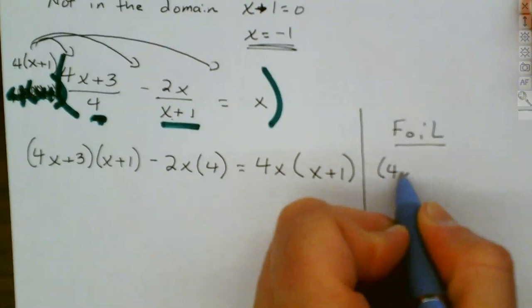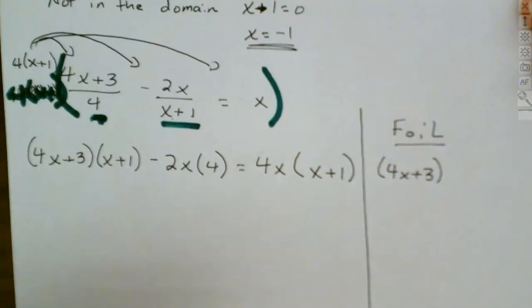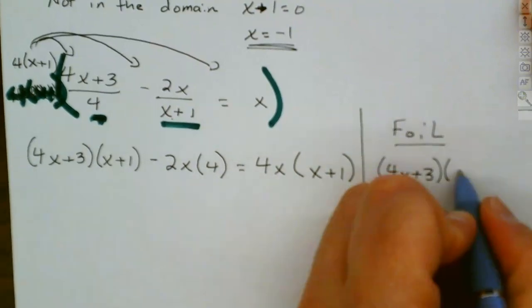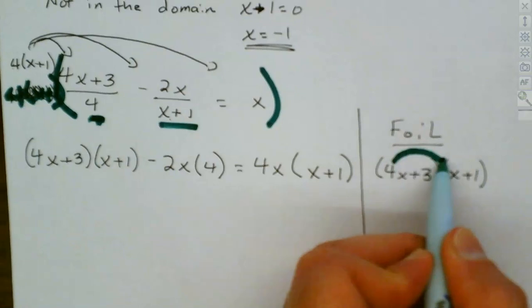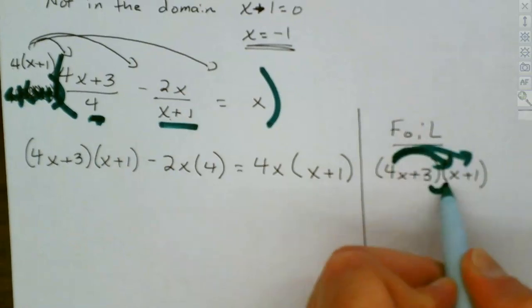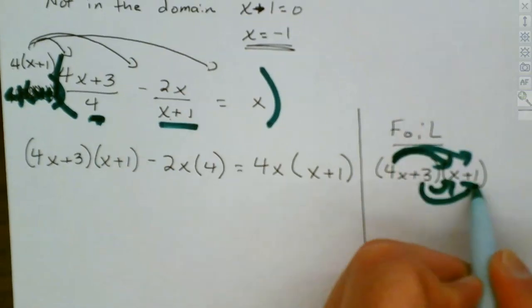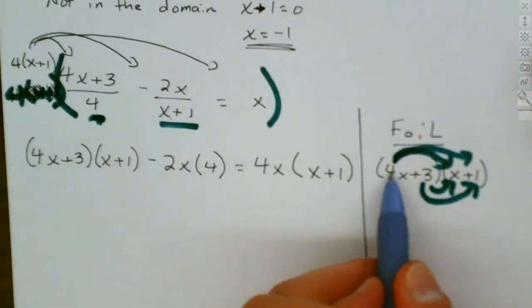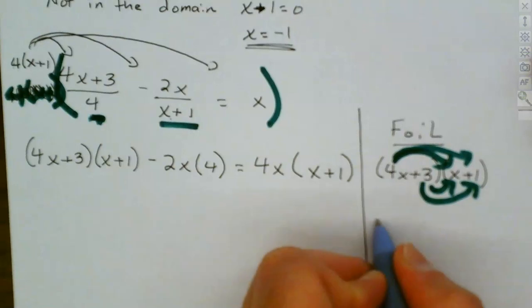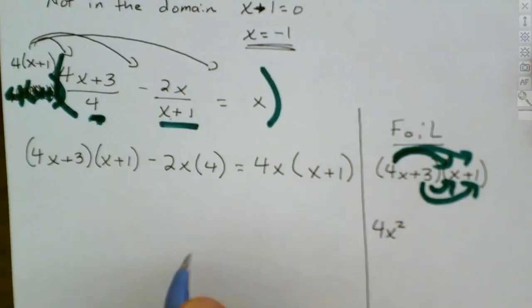We've got 4x plus 3, and we're going to FOIL that with an x plus 1. So we'll FOIL, and we'll just slowly break this down. Remember how to FOIL. I know it might have been a bit since you had to FOIL. Hopefully you know how to FOIL. We got a 4x times an x. That makes it a 4x squared.